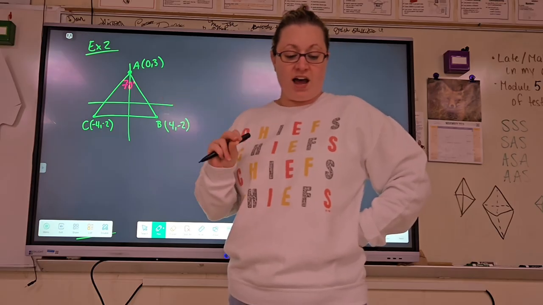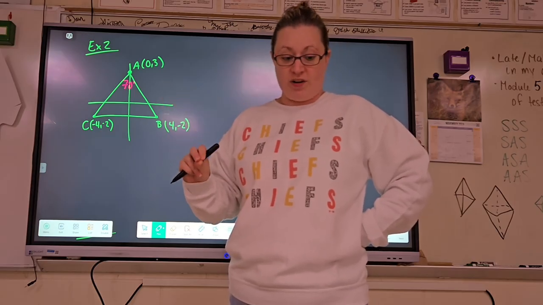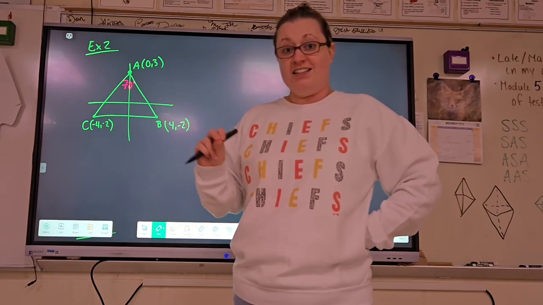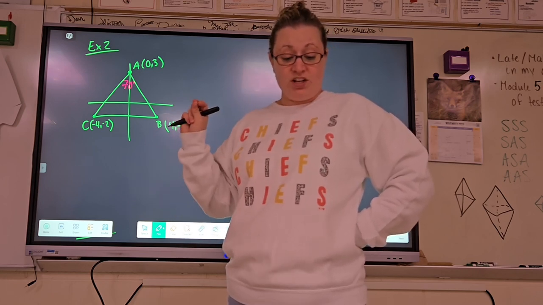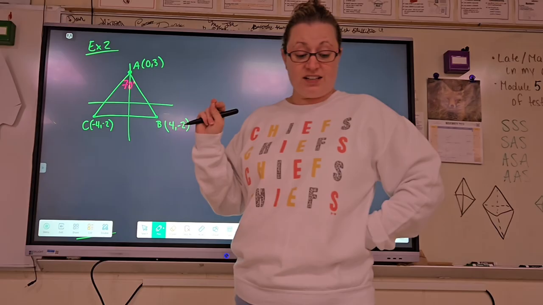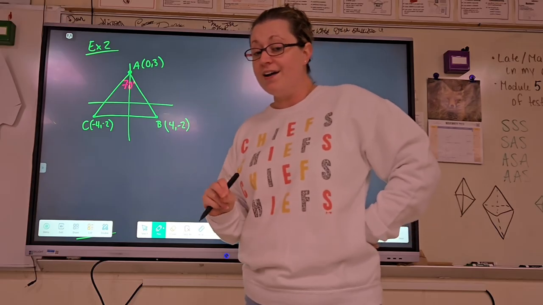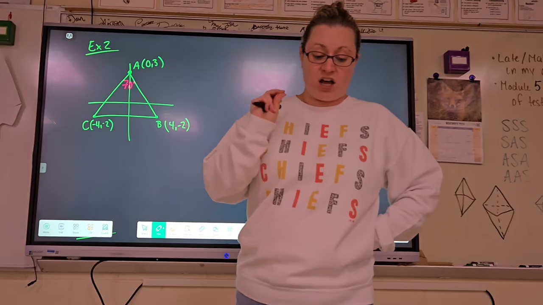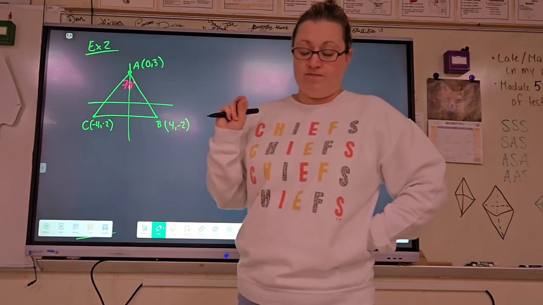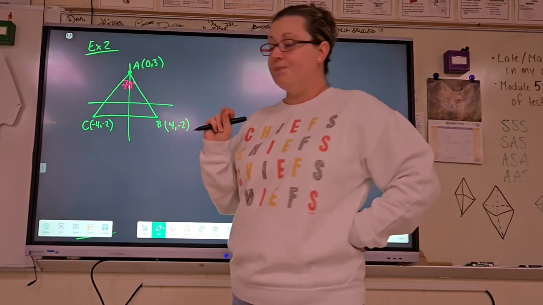The first thing we have to do is determine whether or not this is actually an isosceles triangle. There's a couple ways to count this out and kind of cheat your way around. So I'm going to show you the right way to do this one, and then on the next one I'll show you the kind of educated cheater way.